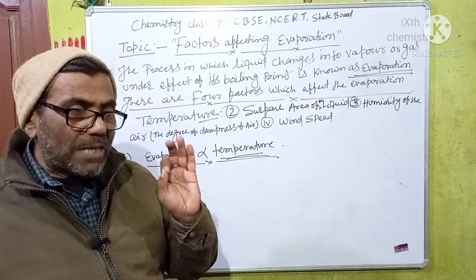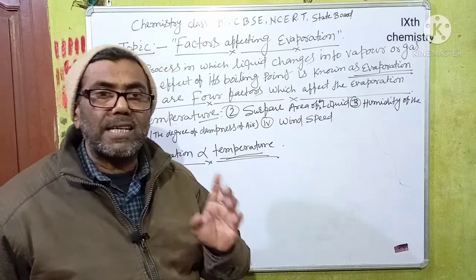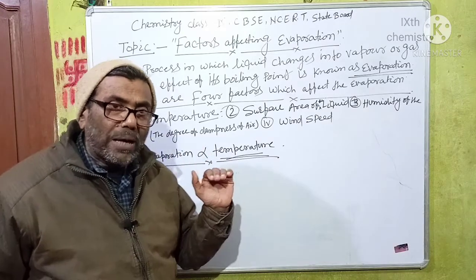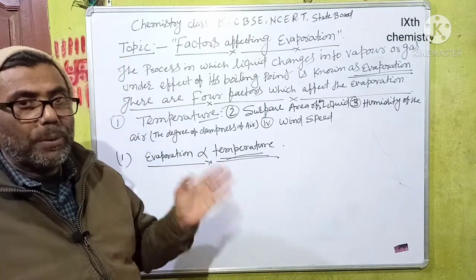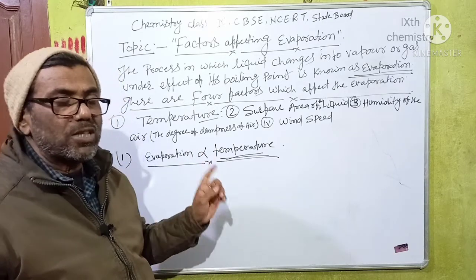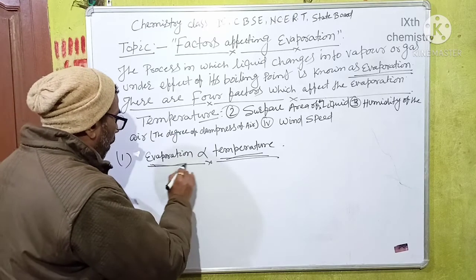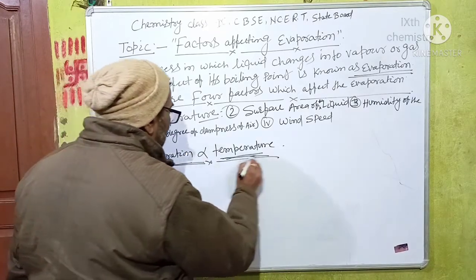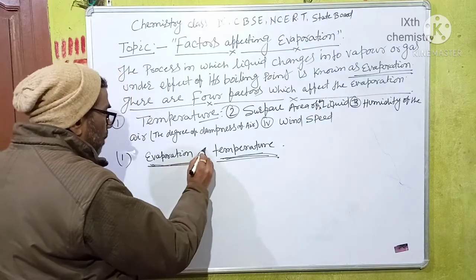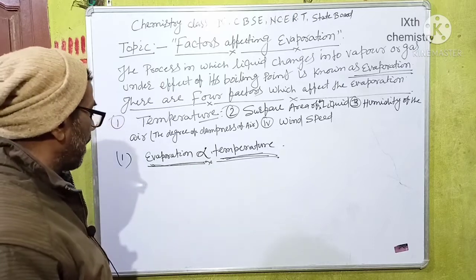So the maximum evaporation of water occurs at 100 degrees Celsius, but water also converts into vapor below its boiling point. This process is called evaporation. So the first factor of evaporation is temperature, and evaporation is directly proportional to the temperature.